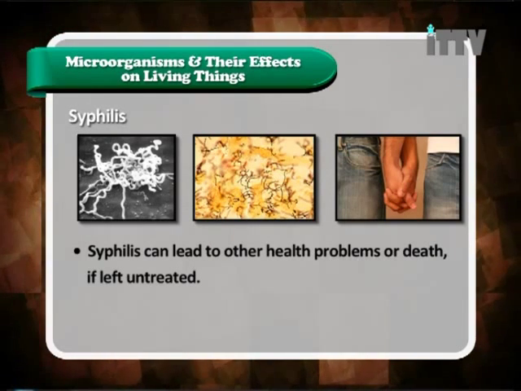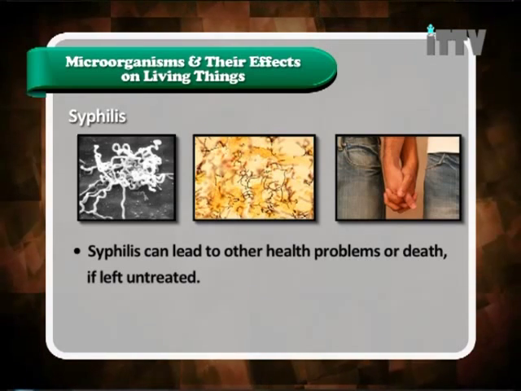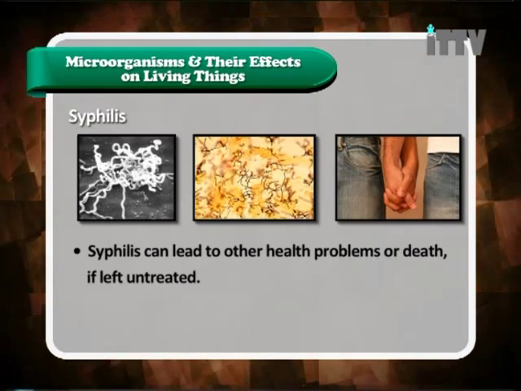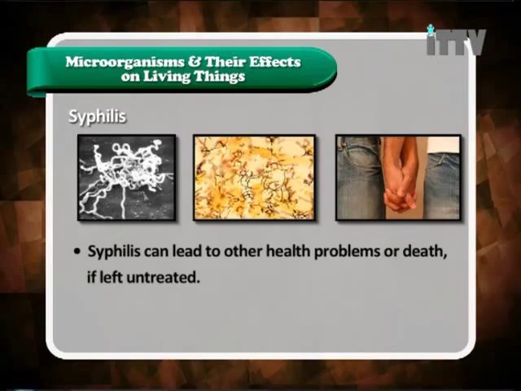Syphilis can lead to other health problems or death if left untreated. Now here we can see how syphilis is also spread through sexual contact, similar to gonorrhea. So these are the examples of diseases brought by bacteria.